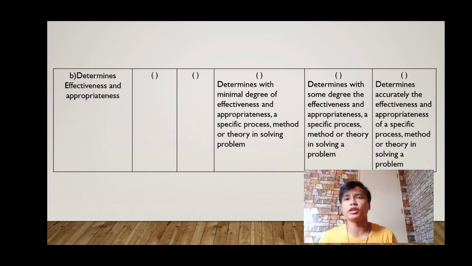In the capable category, the students can determine with some degree of effectiveness and appropriateness a specific process, method, or theory in solving a problem. An example of this is when the students can determine or identify the statement or the formula or principle if it's effective enough or appropriate enough to solve a problem.